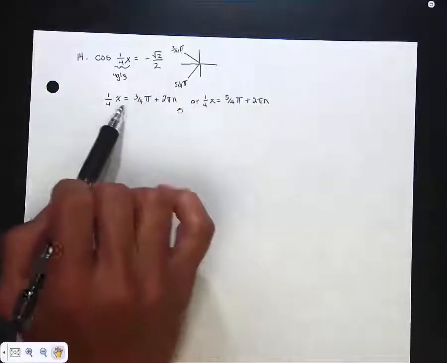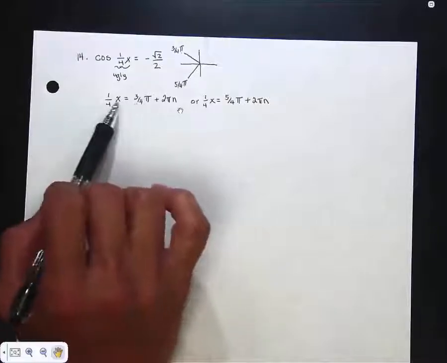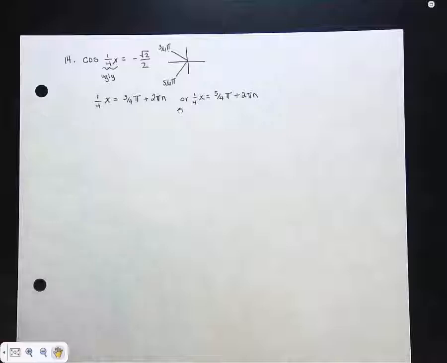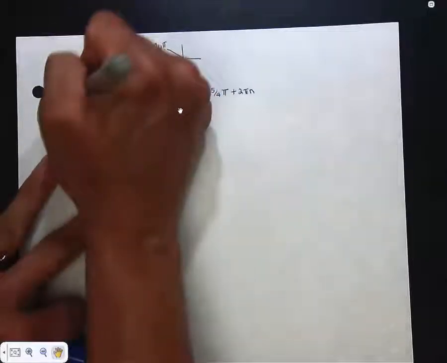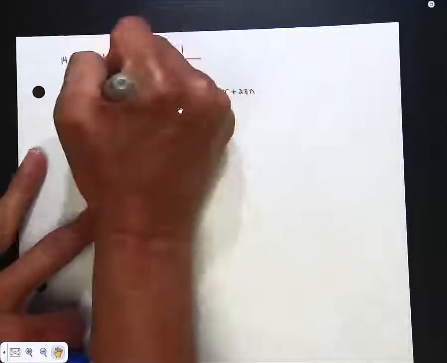There's only one step that remains in solving for x. If I gave you this equation in algebra and said solve for x, you would just multiply both sides by 4. So this is going to look bad with a Sharpie, but multiply both sides by 4.